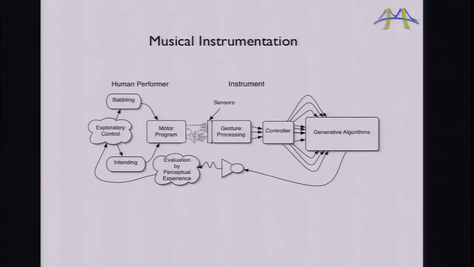So they have to do some gesture processing. Now, the gesture processing often involves sensor fusion, that is, taking information from multiple sensors and combining it in such a way to act upon an algorithm that's running in some kind of control system that controls the algorithms that you're using to produce the sound.